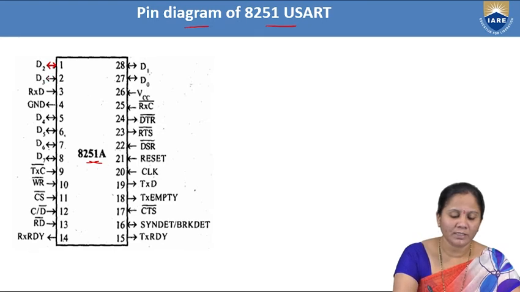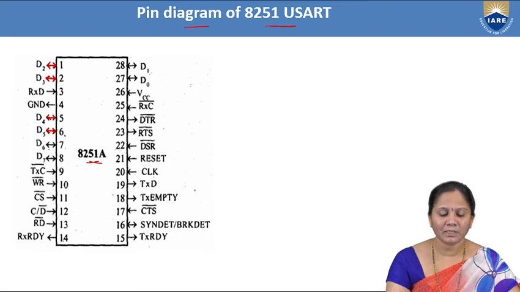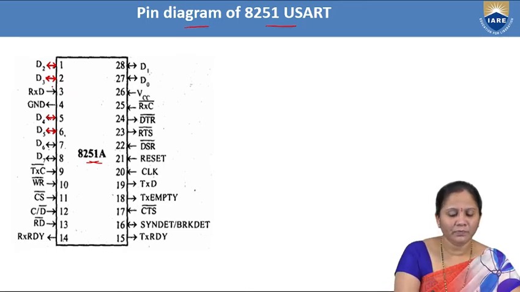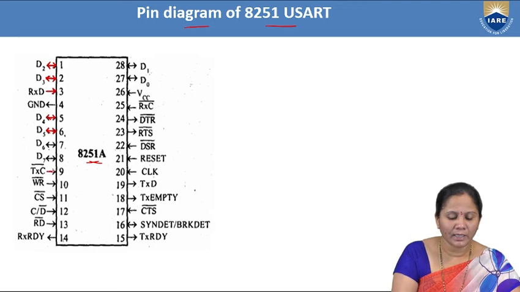All the data lines from D0 to D7 are represented as bidirectional, meaning they act as both input and output terminals. The receiver data is an input terminal, and like that, TXC bar, the transmitter clock, is also an input terminal.